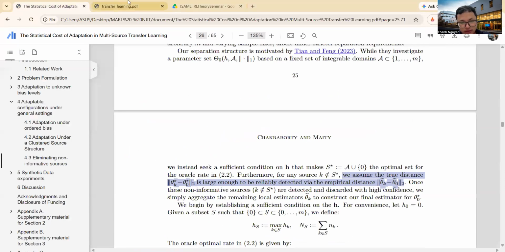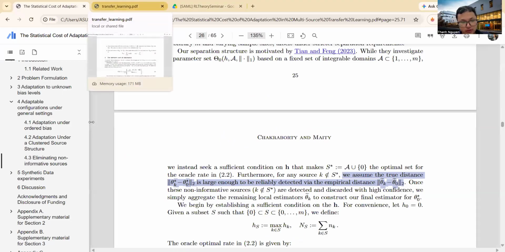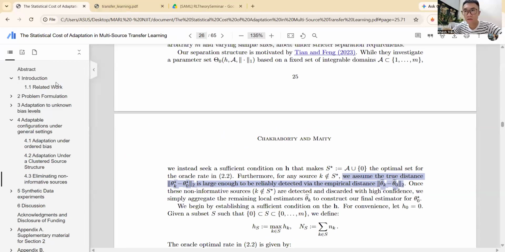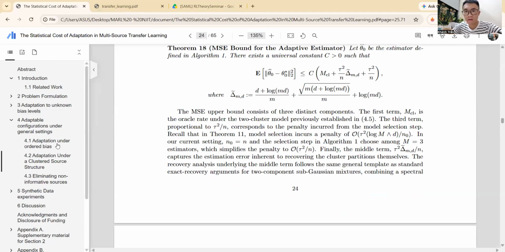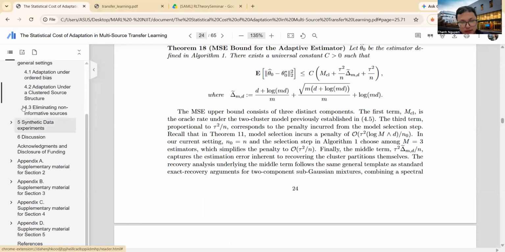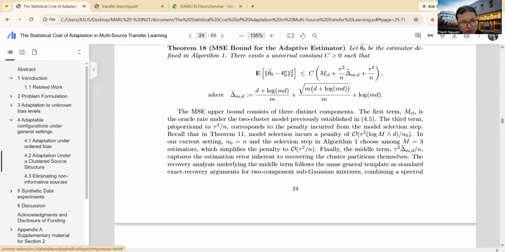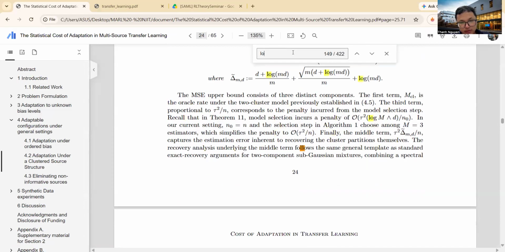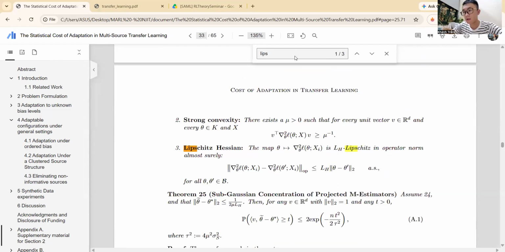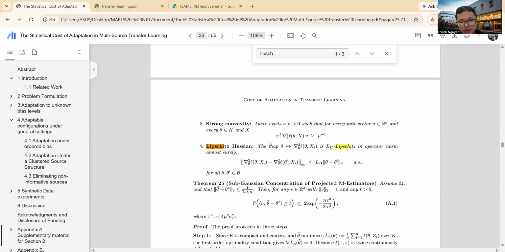It makes a Lipschitz assumption, like Hölder smoothness.